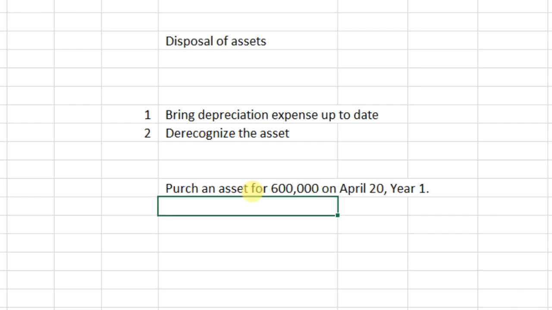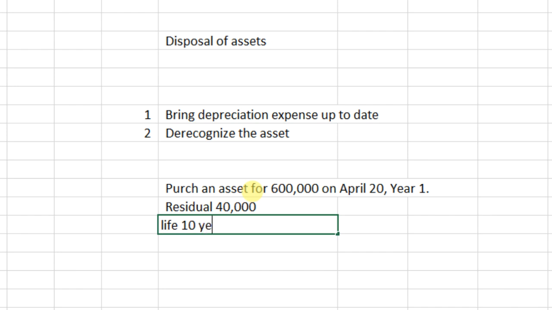Okay, our residual value is going to be $30,000. Now let's make that 40,000. I just want this to work out. $40,000 residual. And we're just going to use a very simple concept of an estimated useful life of 10 years.